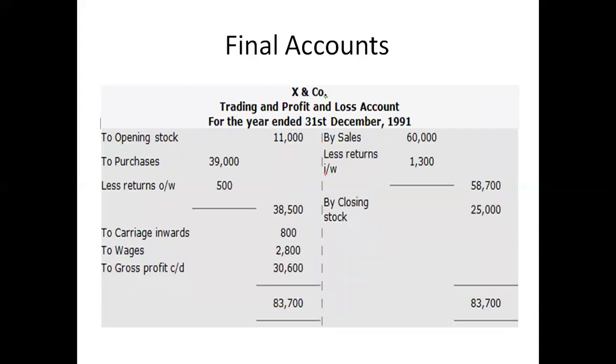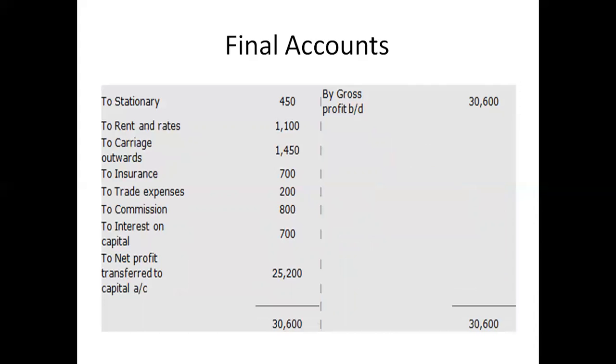Less returns 1,300, that is 58,700. So we have the gross profit carried down as 30,700 as the balancing figure, and 83,700 as the total. Now we have the gross profit brought down.